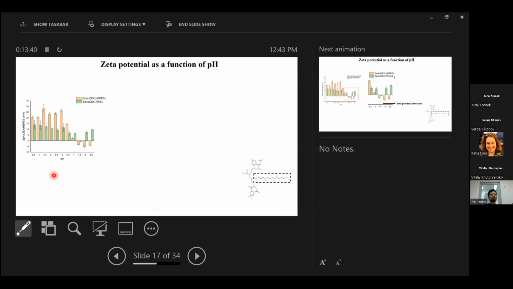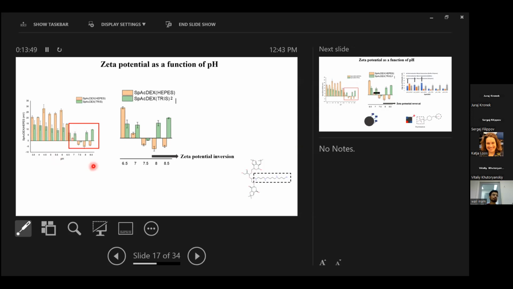What we saw is that again in Tris there was a slightly suppressed zeta potential, but particularly interesting was that at a slightly alkaline pH there was an inversion of zeta potential. A slightly negative zeta potential was observed. However, if you see the structure, we expect the zeta potential to be a little bit positive because of this spermine chain, but this inversion was observed.